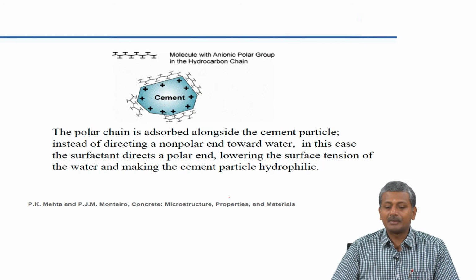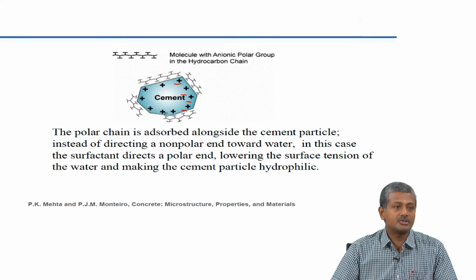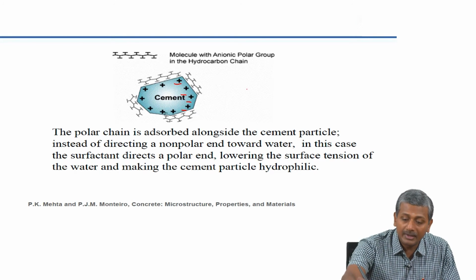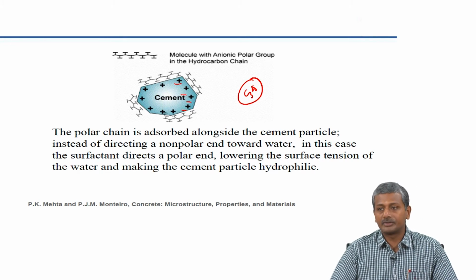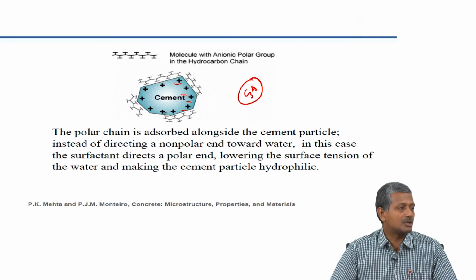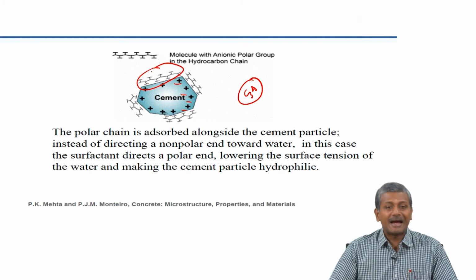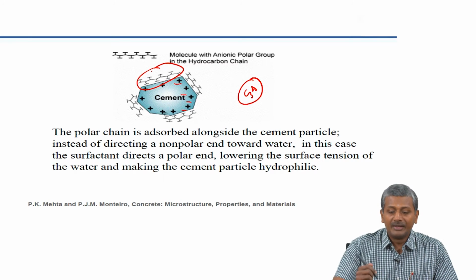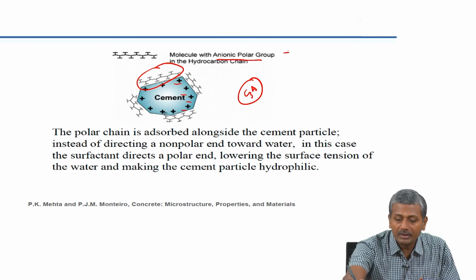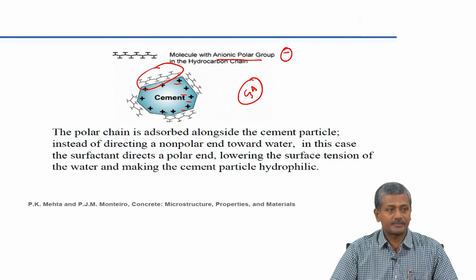So again this is the same depiction. You have the cement grain here which is shown to have a positive charge. Some grains of cement may have positive charge. For example, the aluminates and so on, those are known to have a positive charge, whereas the silicates may have a negative charge. Okay, so again these are the polymer chains that are getting adsorbed on the cement particle, and the polymer chains which have the anionic polar group end up giving the negative charge to the cement particles.